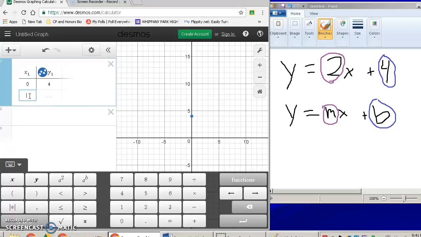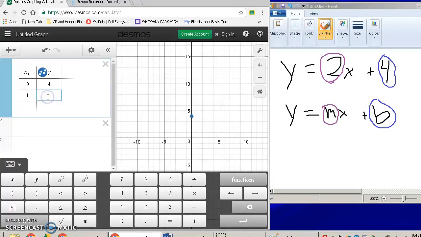So if our x then increased by 1, and our slope is 2, then our y value has to increase by 2, giving us 6.